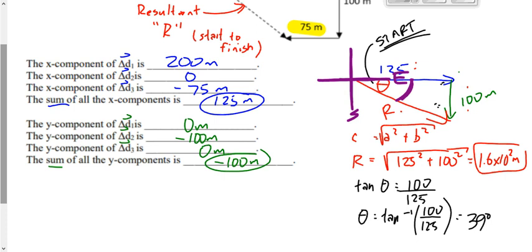We're going to express it as south of east. So we're going to say this is 1.6 times 10 to the 2 meters at 39 degrees south from east, or south of east.